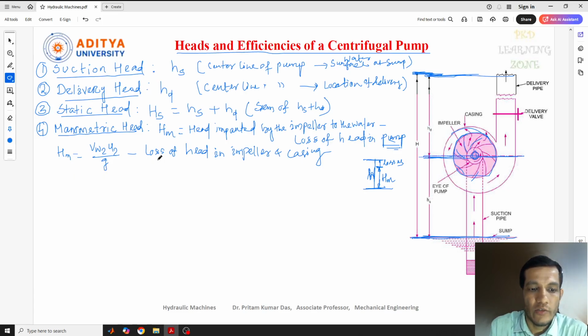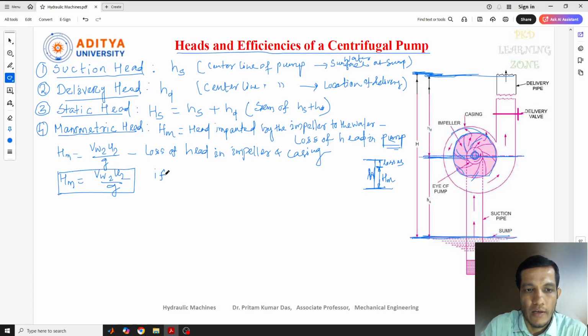If losses are there, then this will be the equation. If suppose the loss of head in the pump is 0, then we can write HM equal to Vw2 U2 by g.